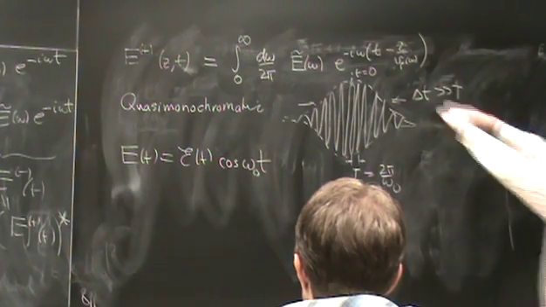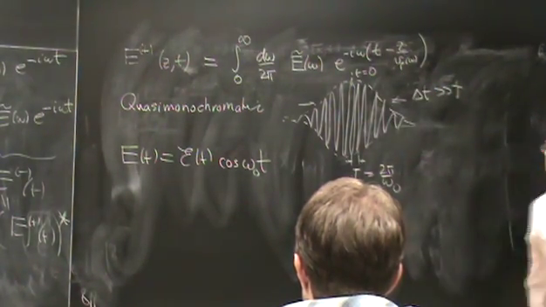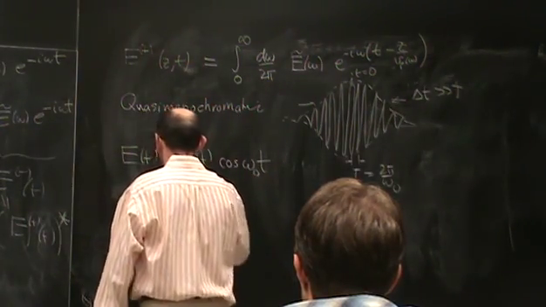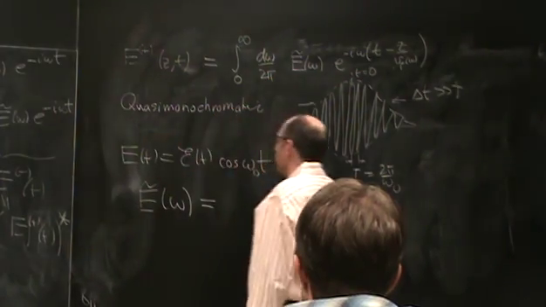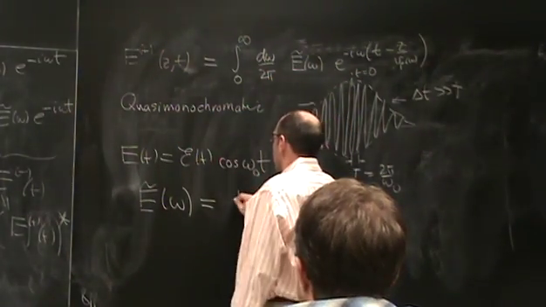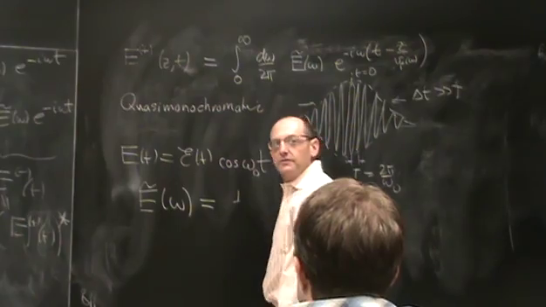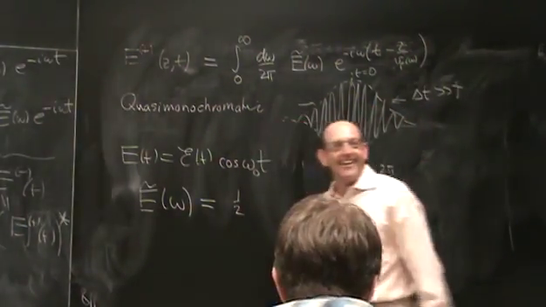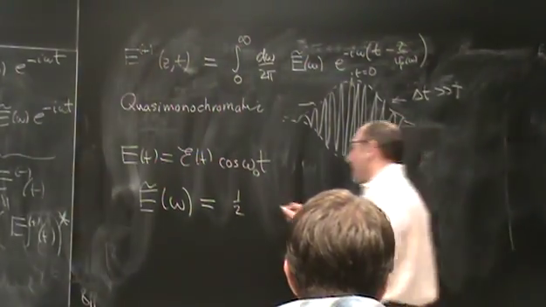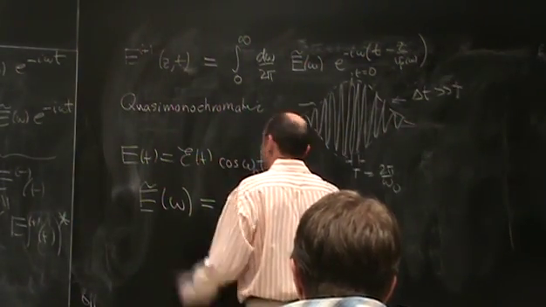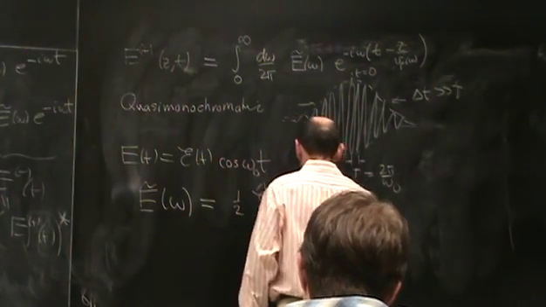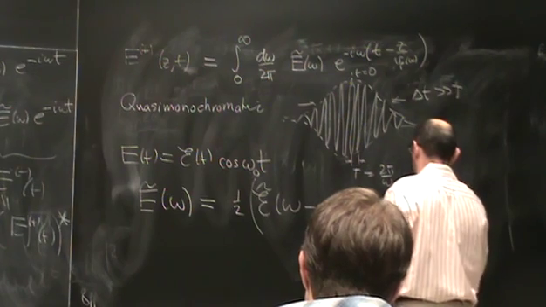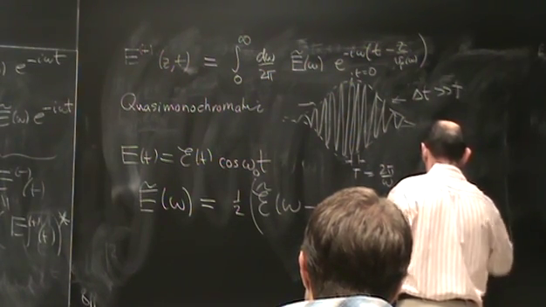So the envelope function is this dotted thing. As we discussed earlier in the previous lecture, the Fourier transform of this is given by 1/2 the Fourier transform of the envelope function centered at frequency omega naught and at minus omega naught.